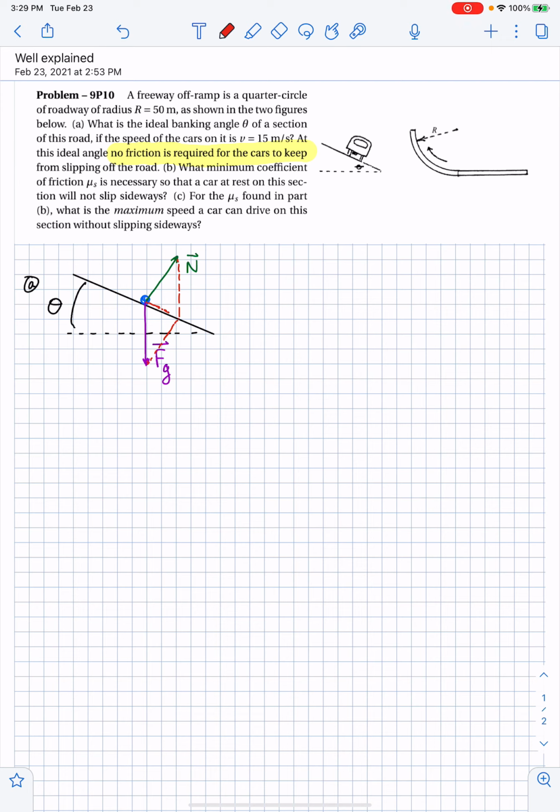That will be like this one in red. That will be the net force, right?